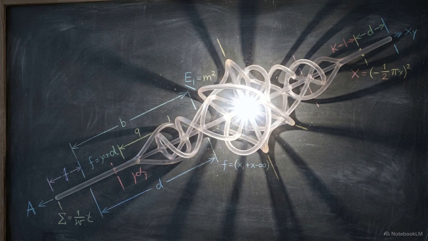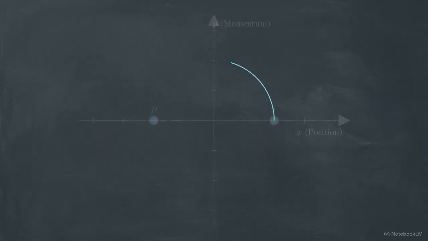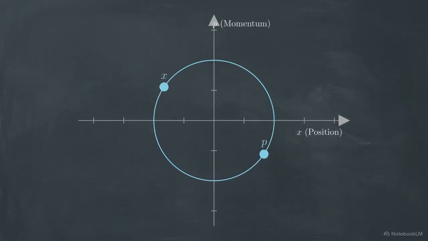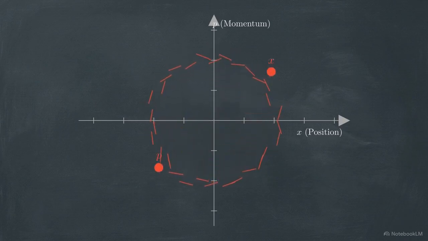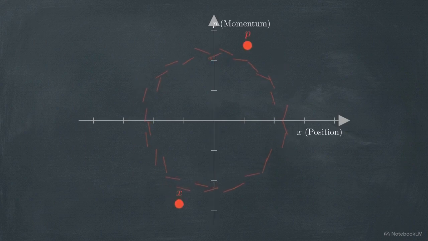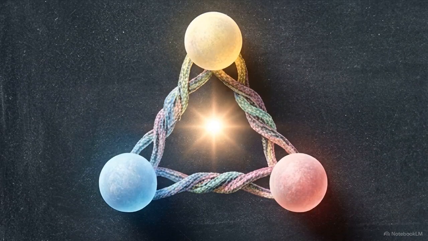We have the action principle. Now we have to calculate how this system actually flows through time. Standard Hamiltonian mechanics relies on symplectic geometry, which is designed to handle binary pairs of variables, like position and momentum. Here, that breaks down entirely. We must upgrade to Nambu mechanics, a mathematical framework that allows for multi-observable dynamics.